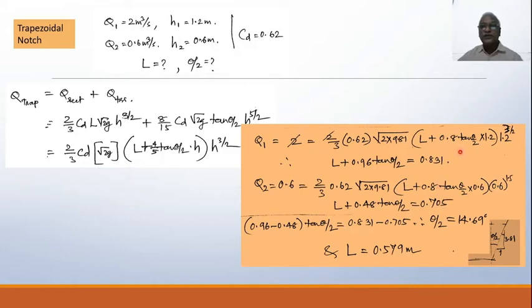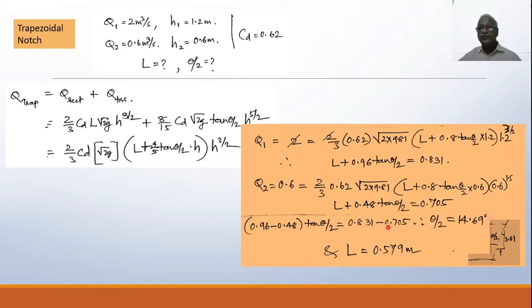Now this minus this, if you do, L cancels off, and 0.96 minus 0.48 tan theta by 2 is equal to 0.831 minus 0.705. This gives you tan theta by 2, and if you take the inverse, theta by 2 comes out to be 14.69 degrees, right?